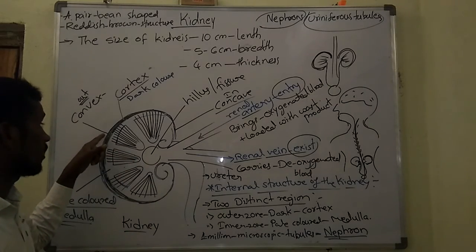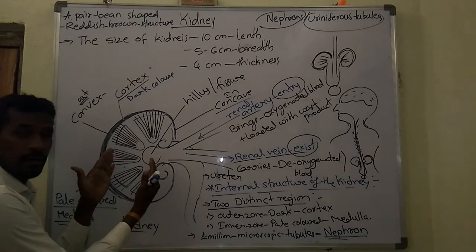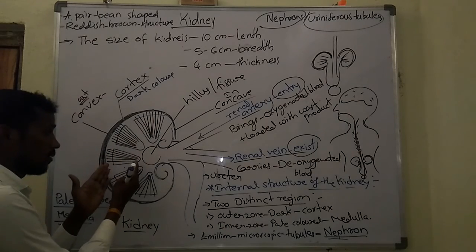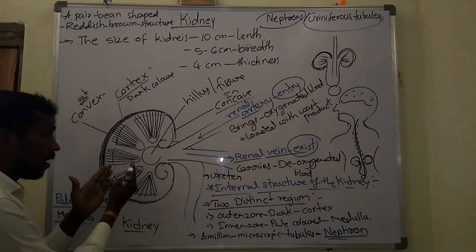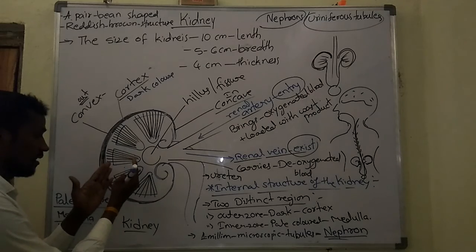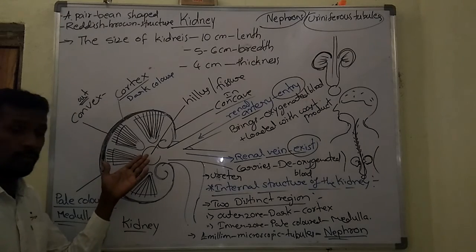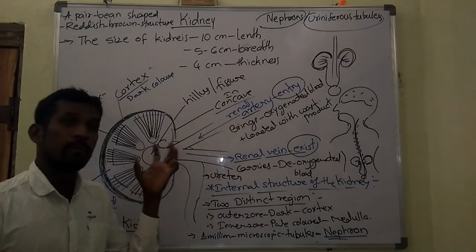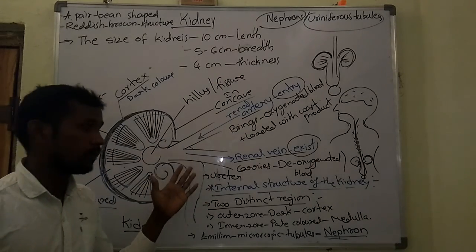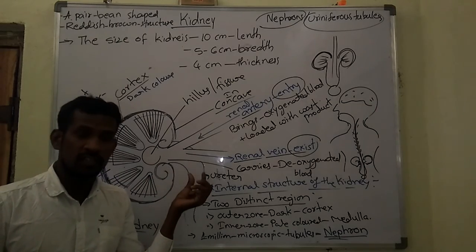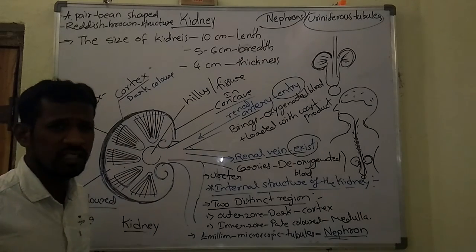The dark colored outer zone is called the cortex, and the pale colored inner zone is called the medulla. Each kidney is made of approximately more than 1 million microscopic tubules, and these tubular functional units are called nephrons or uriniferous tubules.